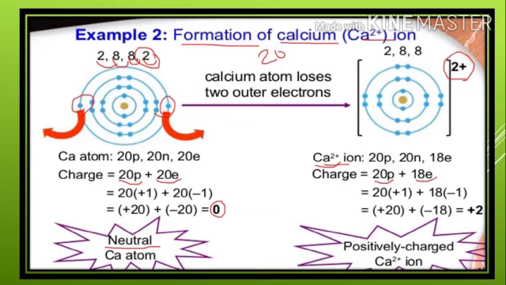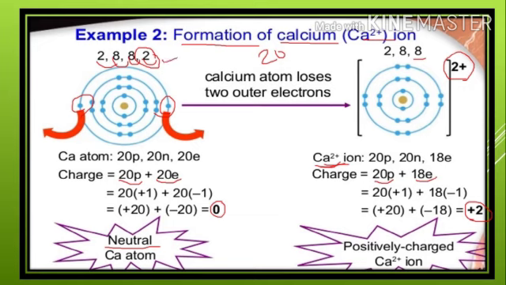So it has 2 units of positive charge, and the calcium ion has inert gas electron structure of 8 electrons in its outermost shell, which is more stable than that of calcium atom.